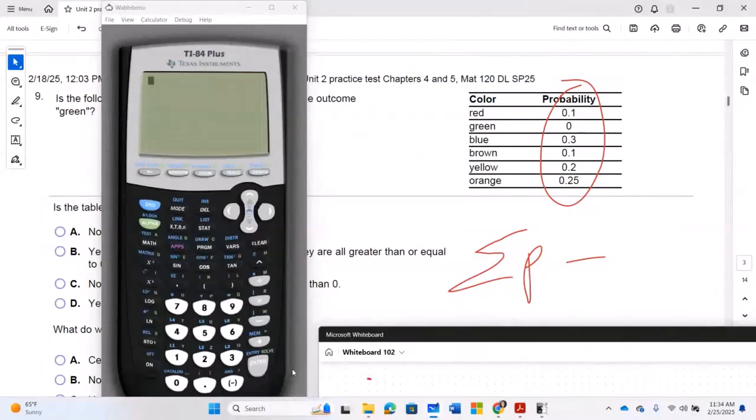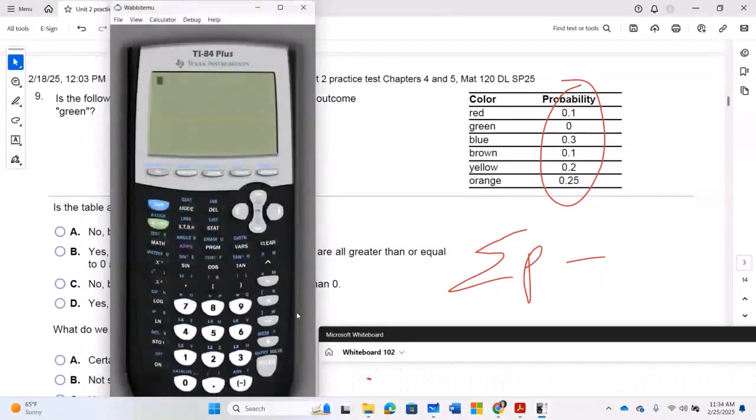Okay, so we have 0.1 plus... See, this is not showing up. Still not showing up. So what is going on with my numbers?